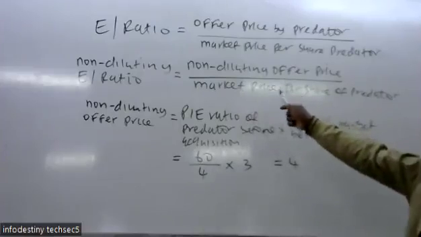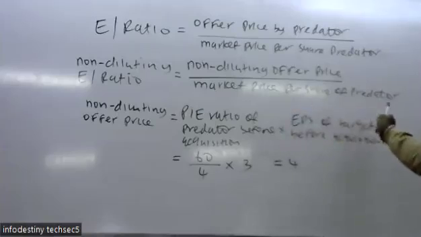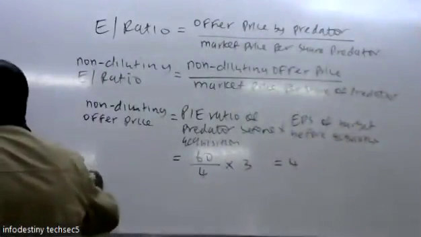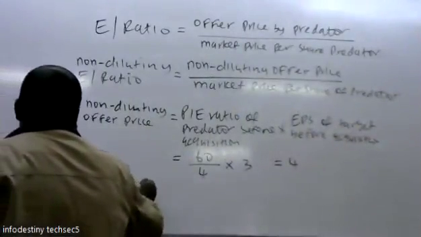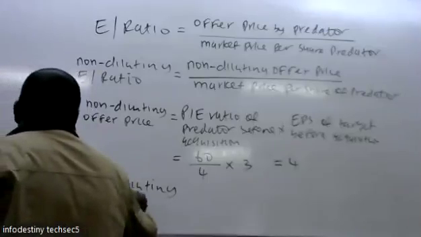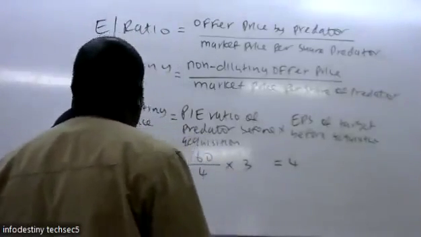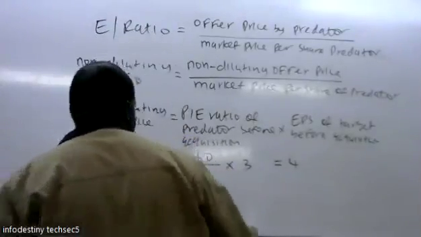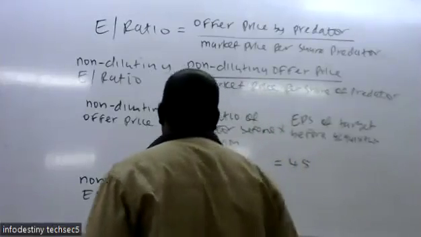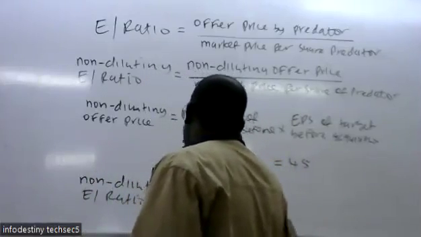We simply take the non-diluting offer price, which is 45, and divide by the market price per share of the predator, which is 60.